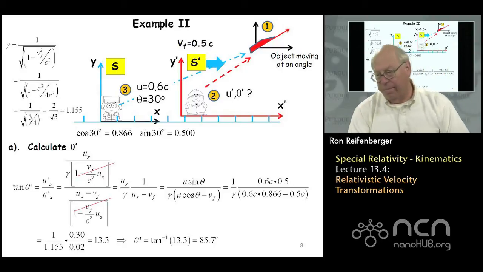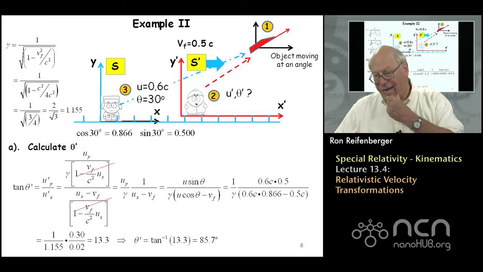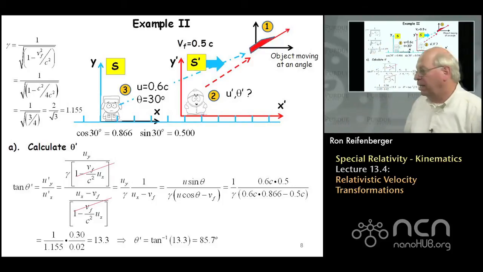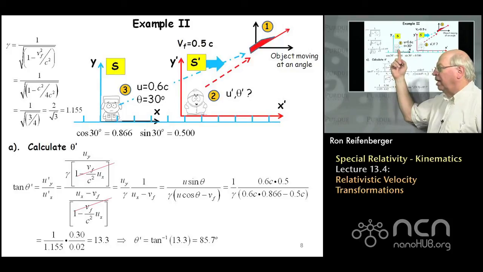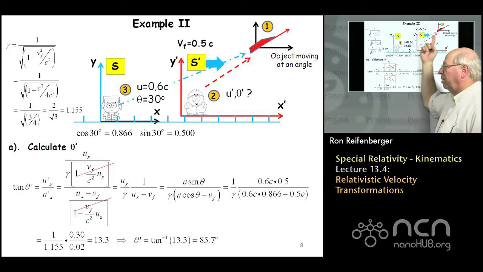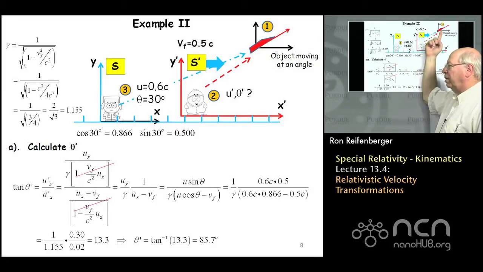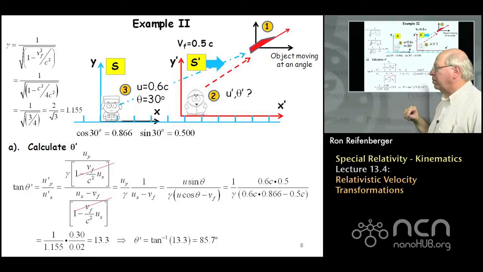The second example I'd like to give is, I think, the reverse transformation. In this case, I'm going to say the observer in the unprimed reference frame measures a moving object. He measures the moving object moving at a velocity of 0.6 times the speed of light. He measures a launch angle of 30 degrees for that particular object.